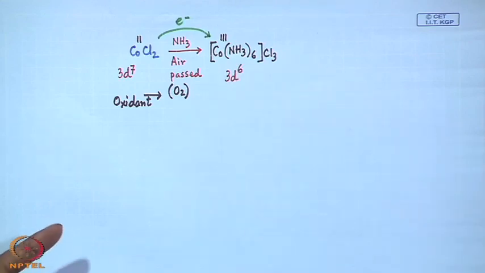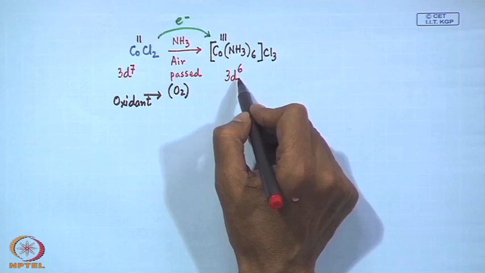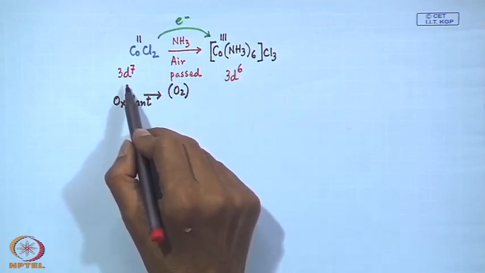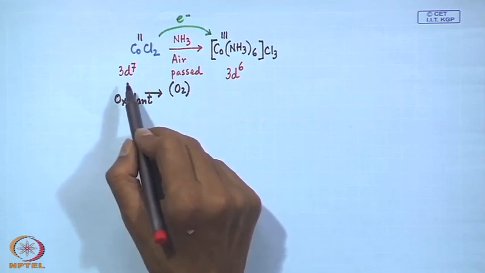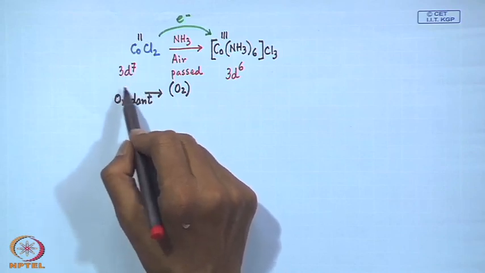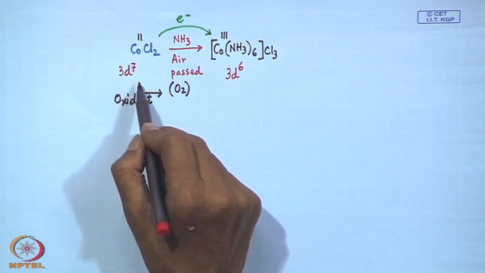So, we have 5 d orbitals, and in the first case the d orbitals can have 7 electrons, and in the other case d orbitals can have 6 electrons. But the maximum capacity of d electrons to be present within the 5 orbitals is 10. So, the occupancy in this form, that means at d7 level, it is partly filled.